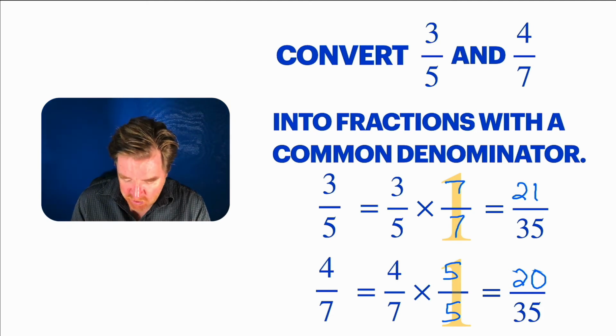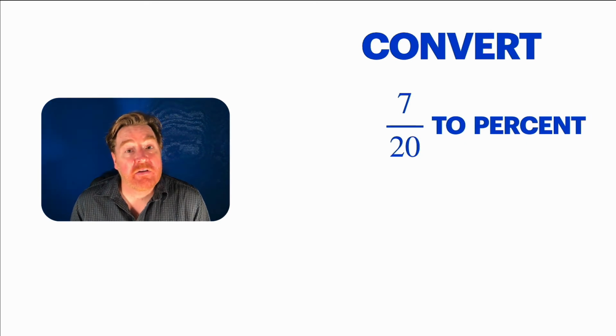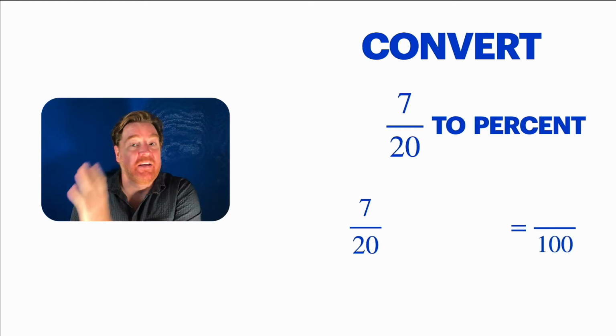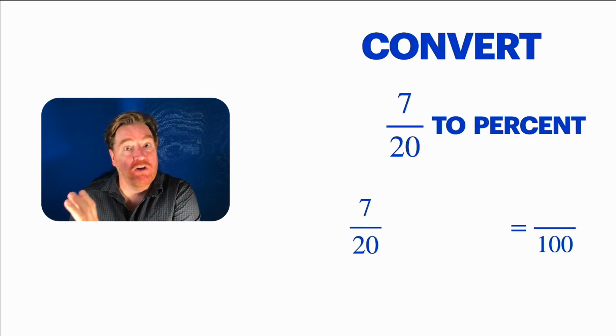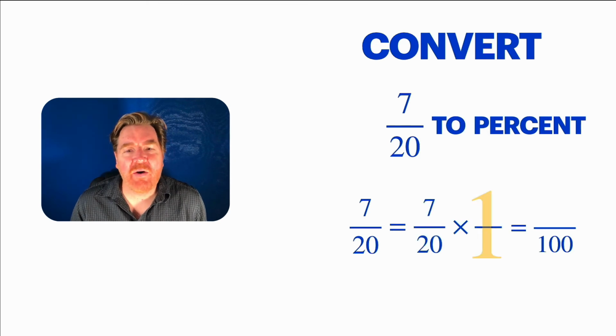All right, here's one more. Let's say you want to convert 7/20 to a percent. Well, we know what that means. We're going to take 7/20 and multiply it by 1 to get a denominator of 100 and an equivalent form of itself in hundredths. So let's see, what is that 1?